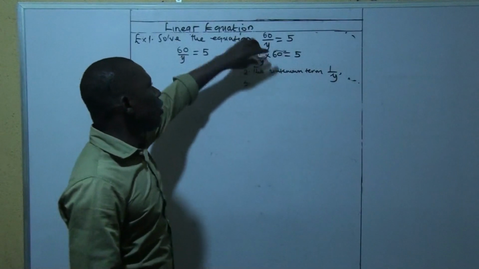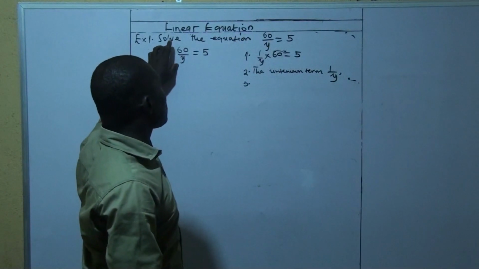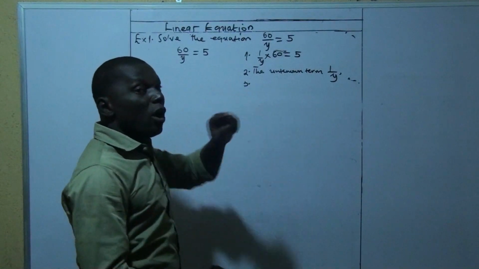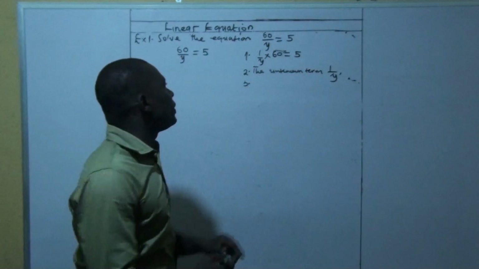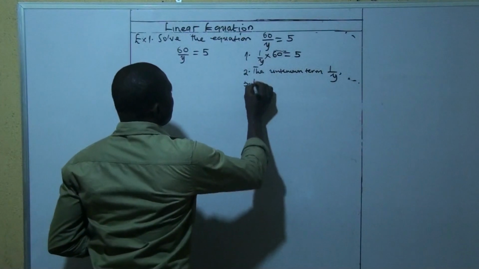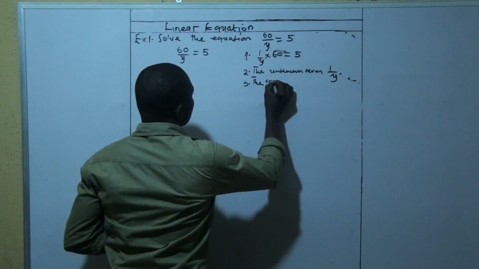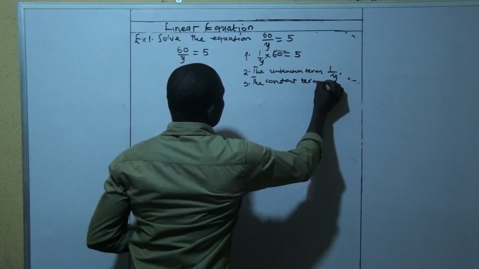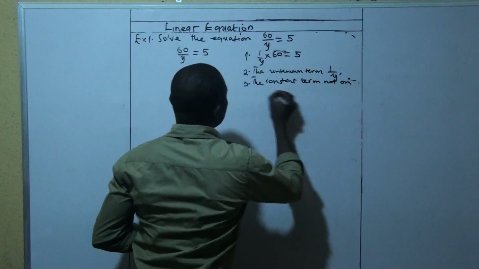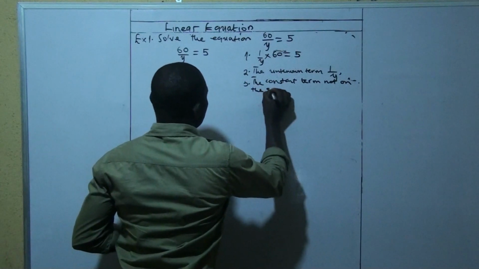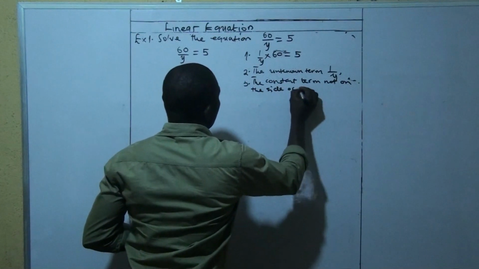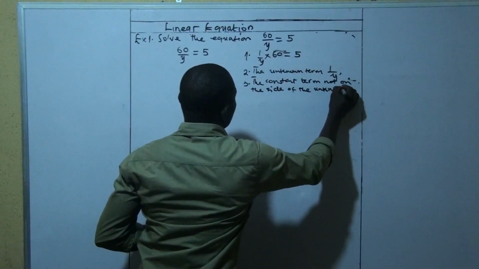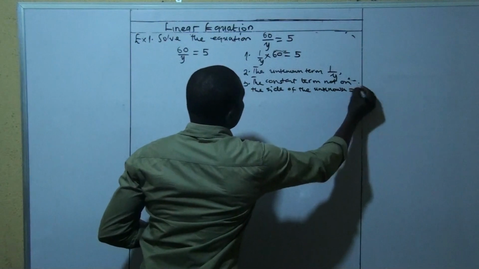So the side of the unknown is this. The constant term not on the side of the unknown is equal to 5.